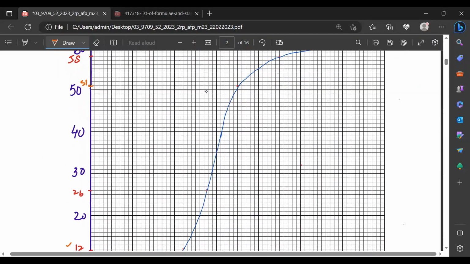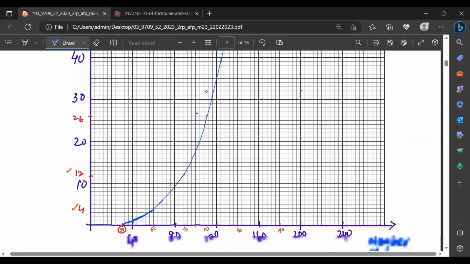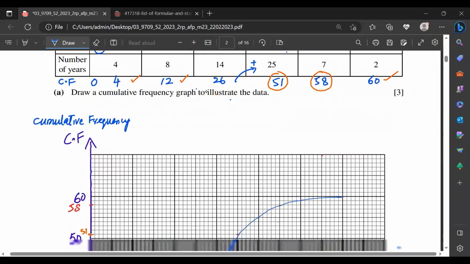And finally, don't forget to join with the horizontal axis because nothing is before 30. Don't leave it, start the graph right from there. So this is the complete cumulative frequency graph.